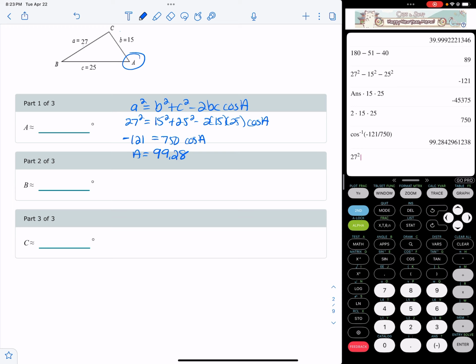So 27 squared minus 15 squared, negative 750.